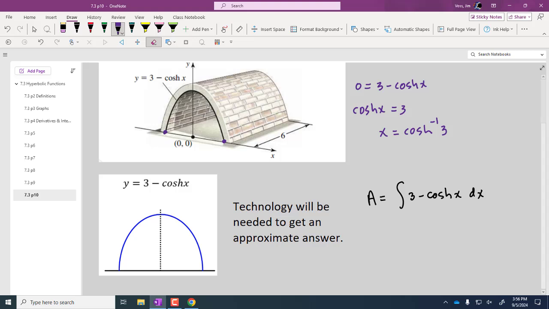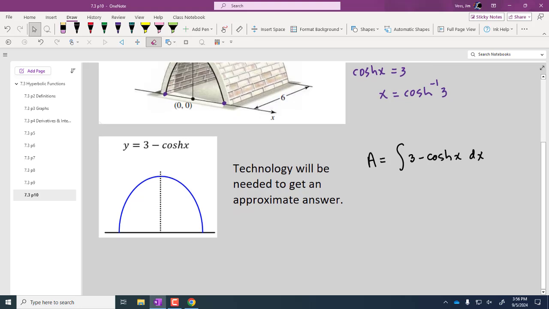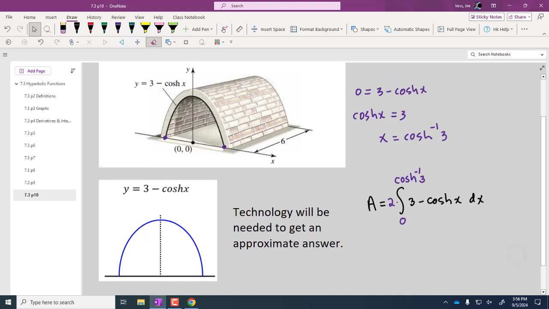We're never going to graph it, but that x value is inverse cosh of 3. It's an irrational number. We don't know what it is. So our area is going to be 2 for symmetry, and we're going to go from 0 to inverse cosh of 3. Forgot that we get to use an inverse. Can you scroll up so I can see it? So we're just solving for x, finding the x-intercepts.